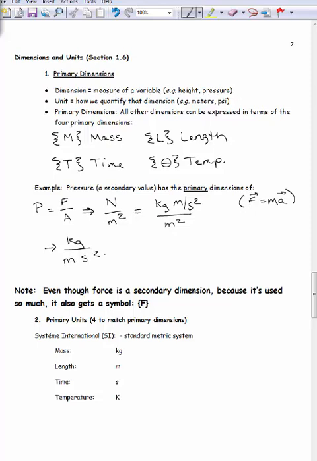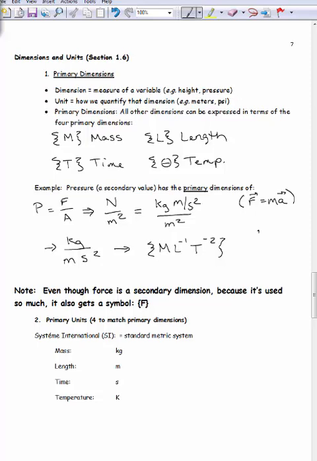All right, now you see you've got some primary units there that you can convert to dimensions. So that's going to give us kilograms is a mass, meters is a length, so length to the -1 power because it's in the denominator, and then time is the seconds, and that's to the -2 power. So that's how you can find the primary dimensions of something.